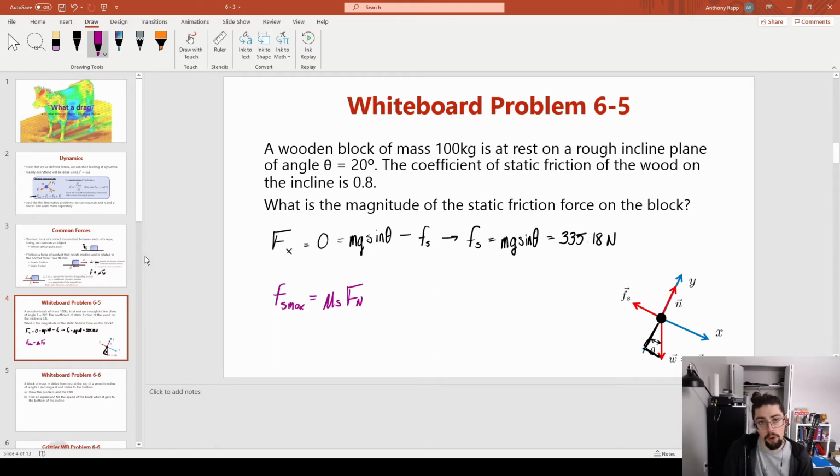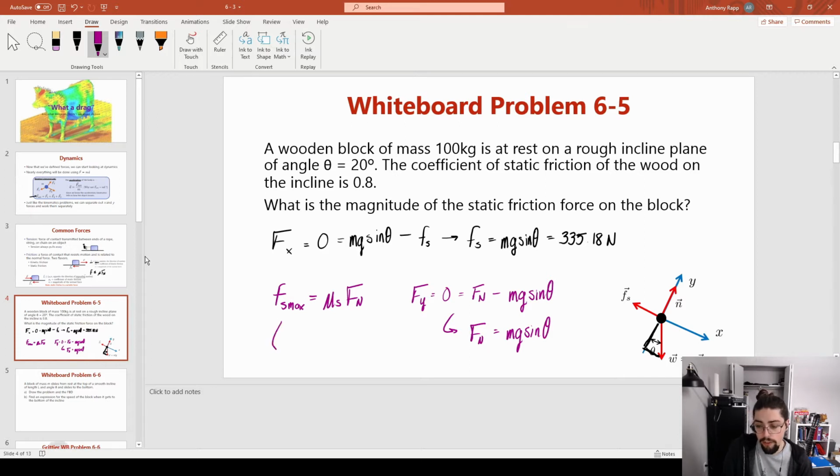To find the normal force, we have to think about the y direction. In the y direction, similarly, I expect it to be 0. But going in that direction, I would have my normal force, and I would have gravity pulling me down. Mg sine of theta. That is, my normal force should be equal to mg sine of theta.